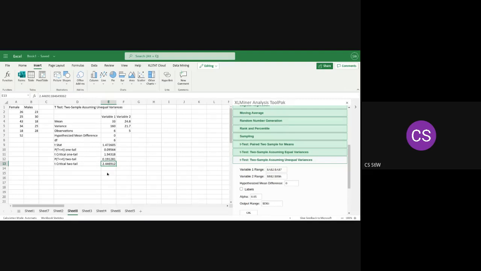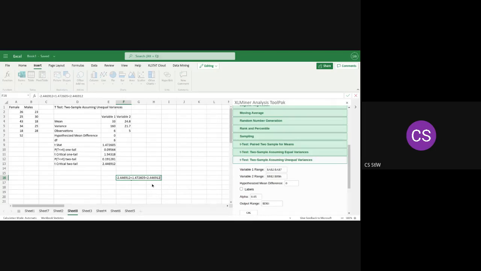So for our case, our interval is from minus 2.44691 to positive 2.44691, and our t stat, 1.4720605, is between them.